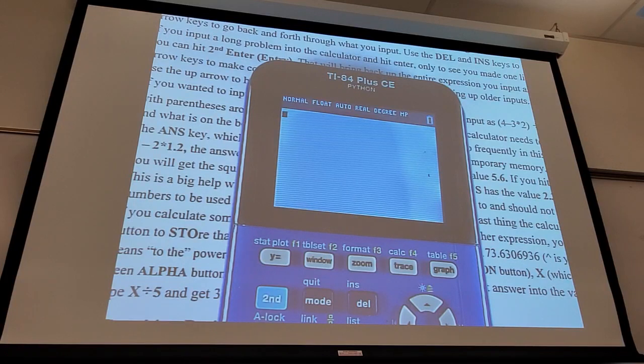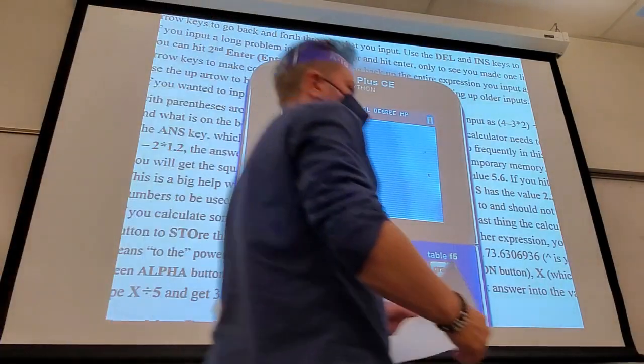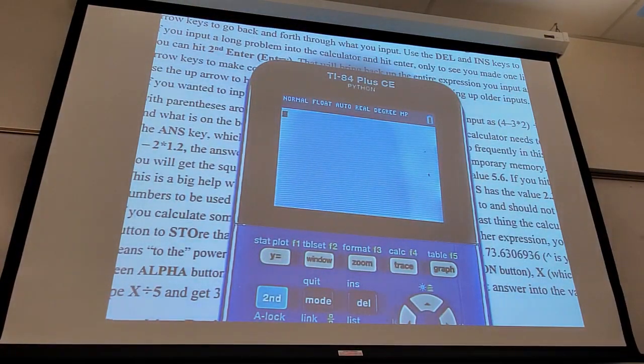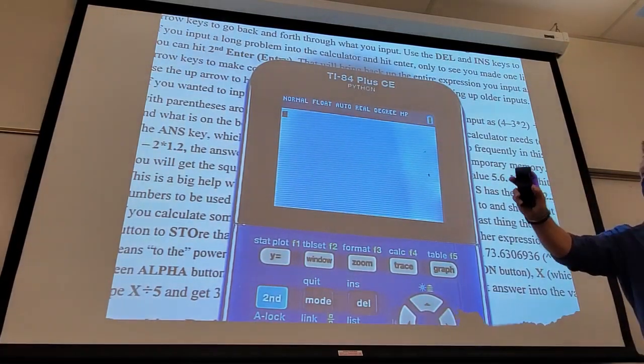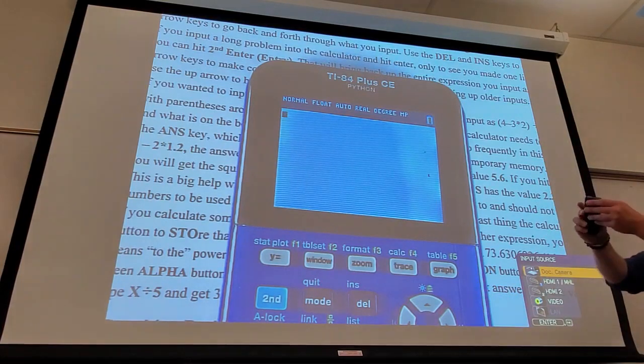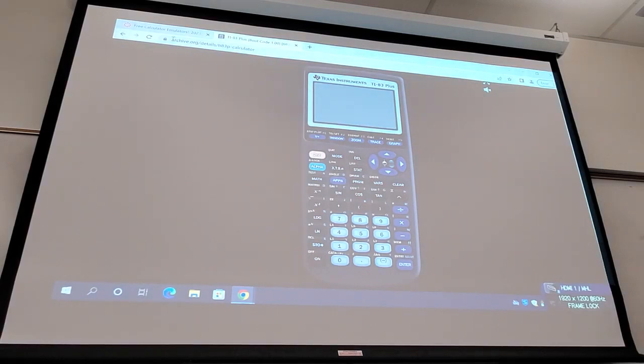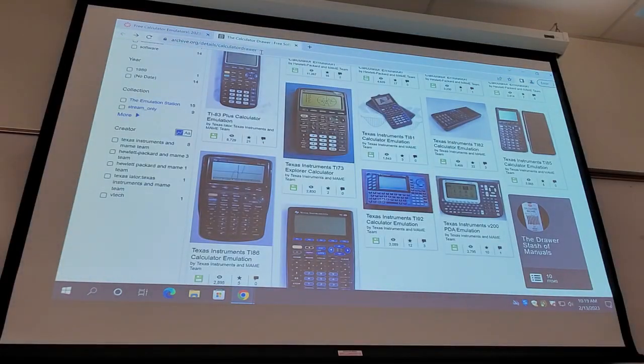Gotcha. So Anthony, let me show you a couple things. I want to show you something that will help out a little bit. There is a really cool website, good for anybody watching on the video, just to get a refresher. You can see it up here, archive.org, details, calculator drawer.